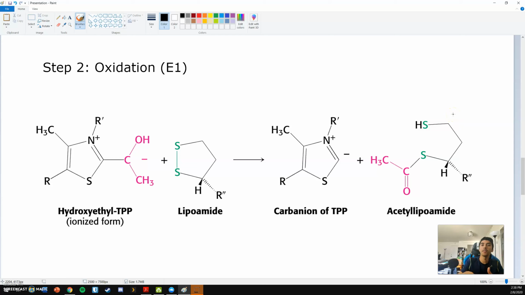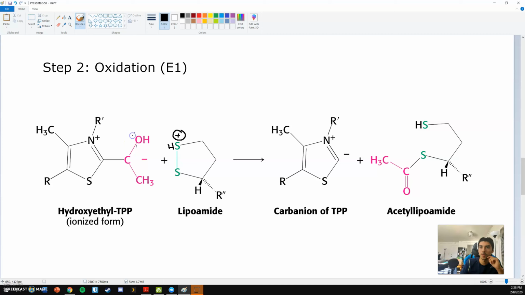So this now again takes place in E1 of the complex, and what we don't see have happened here is prior we did have that oxygen on carbon, and what happens is the lone pair on sulfur will grab that hydrogen, turn this into a carbanion, so that as a result the sulfur has the hydrogen. This is positively charged, and then we get this ionized form of the hydroxyethyl TPP.